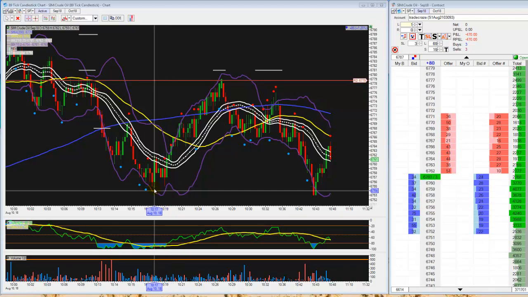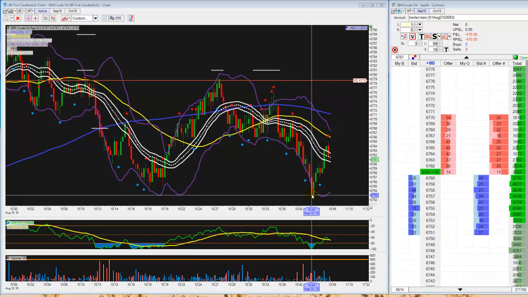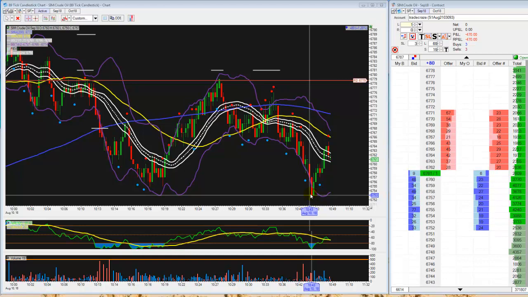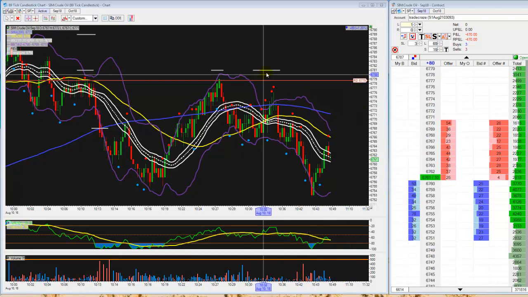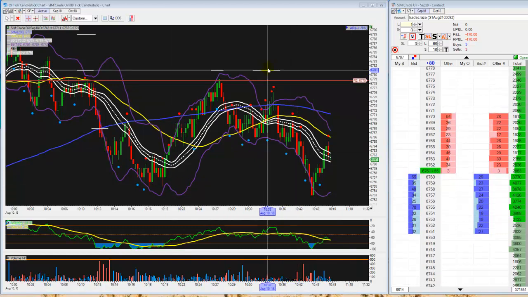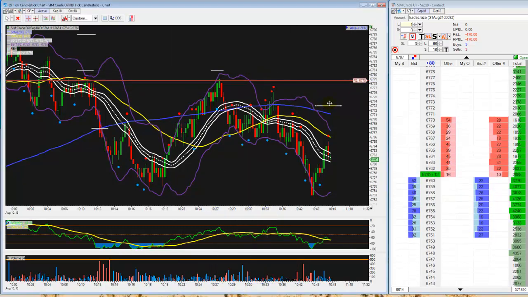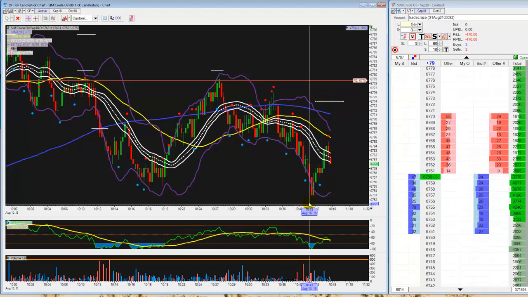So finally go down here. That would officially put it at 74 now, because we made a new low. So we were at 81. Now we're at 74 because we made a new low.